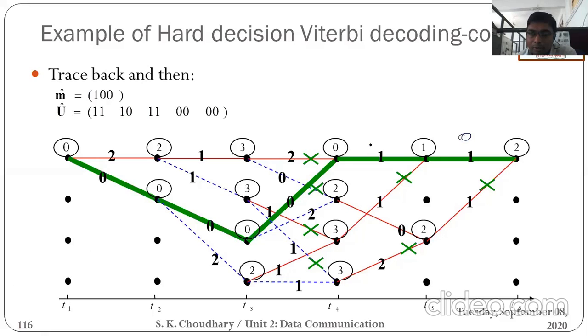Again 1 to 0, red line means input is 0. Again solid path. So this is the dashed line actually, so you would get an input of 1. Then again this is the red line and a solid line means you have the input 0. Again dashed line means input is 1.